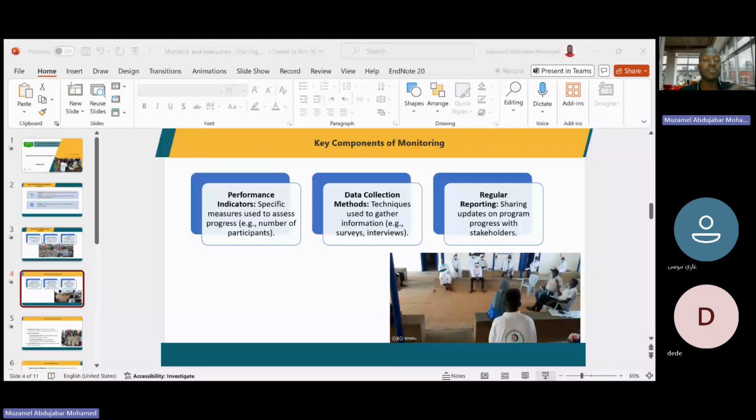Based on your objective, you can select the suitable technique for the collection of the data. The fifth step is analyzing and reporting the findings.